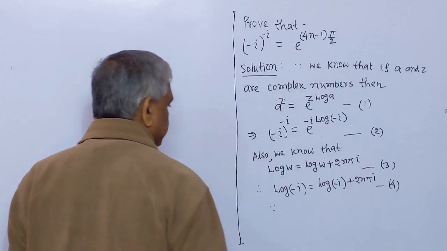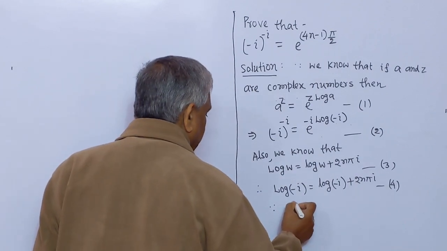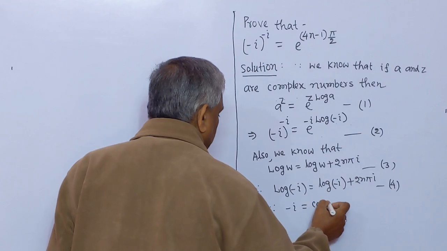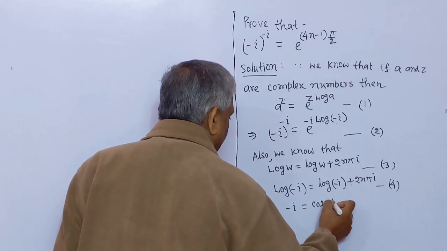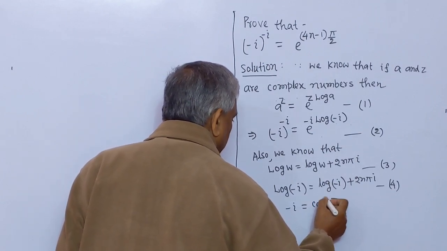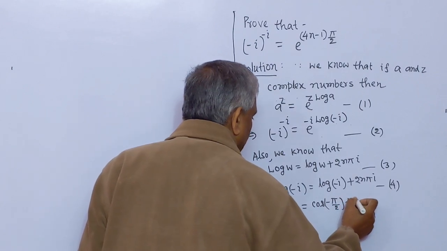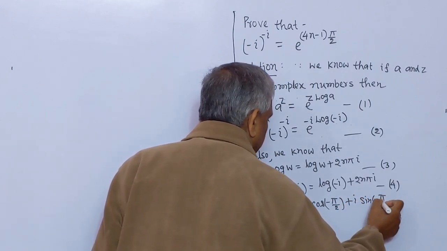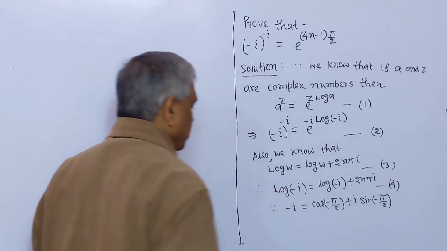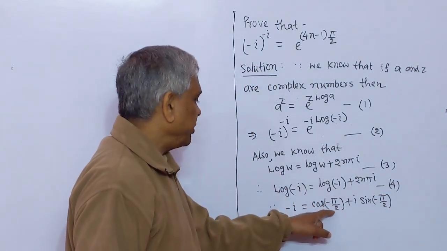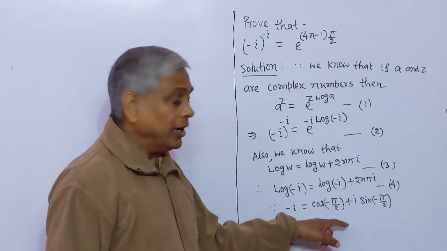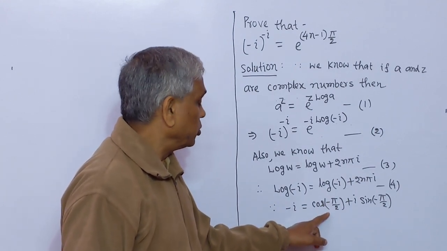Since -i may be written as cos(-π/2) + i sin(-π/2). Since cos(-π/2) means cos(π/2) and cos(π/2) is 0.